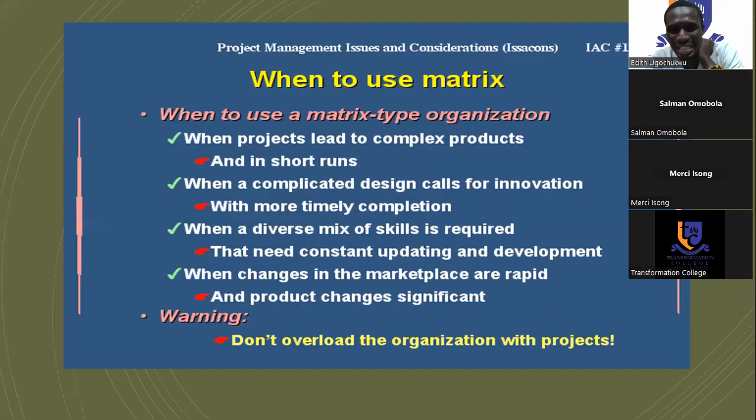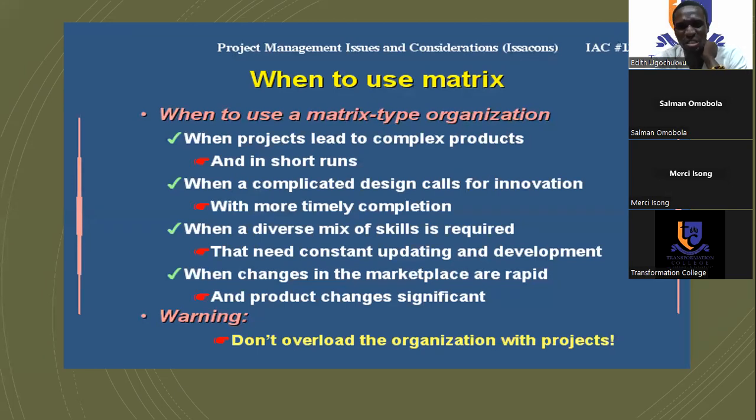When a complicated design calls for innovation with more timely completion. So when you have a target, you have to complete a task within a particular time, and it needs you to be innovative, at that time you will need a structure for reporting and administration.